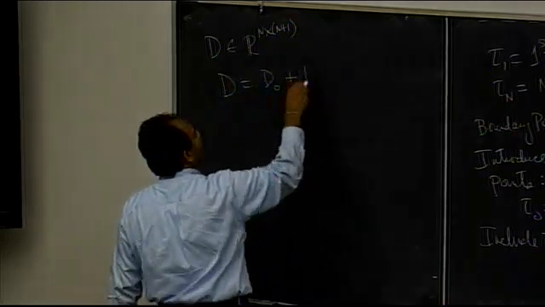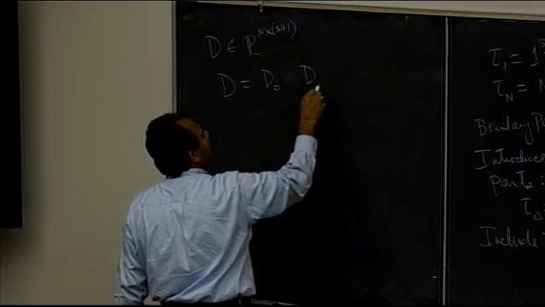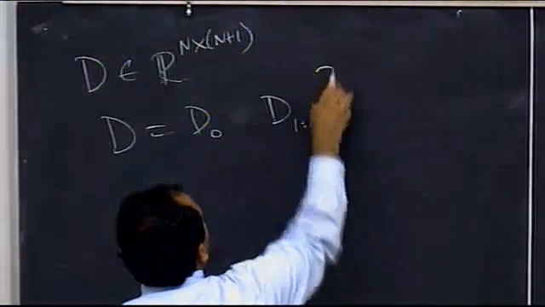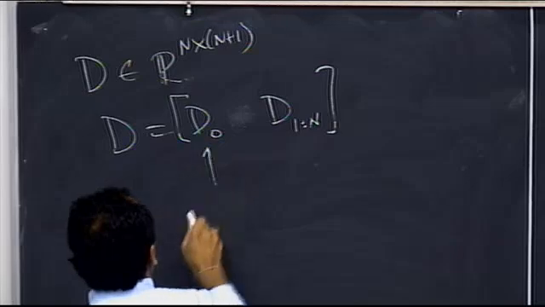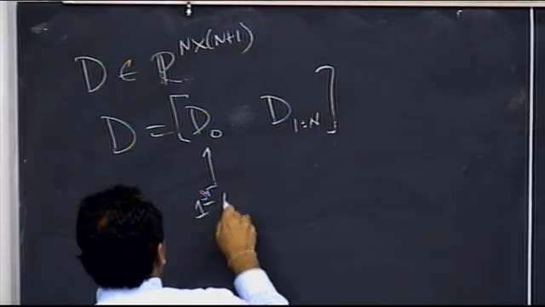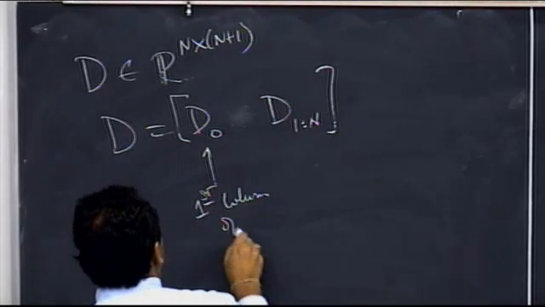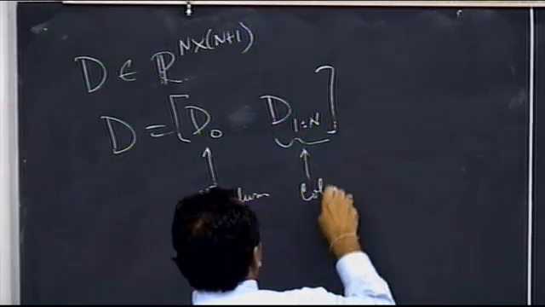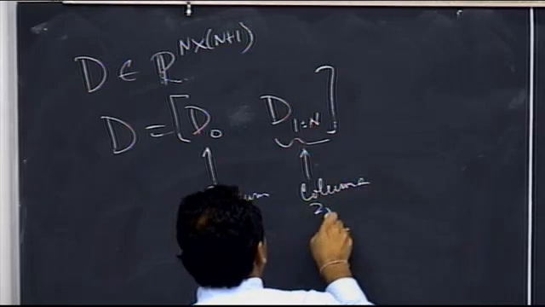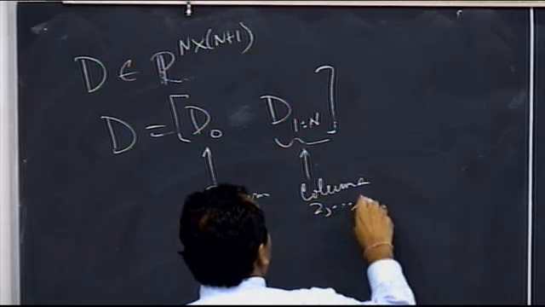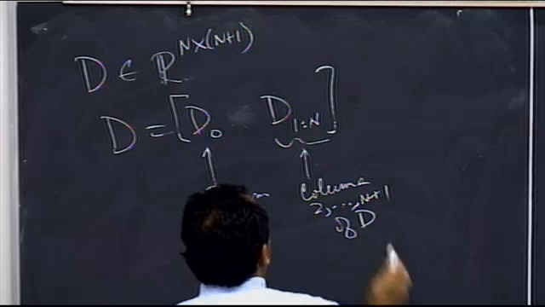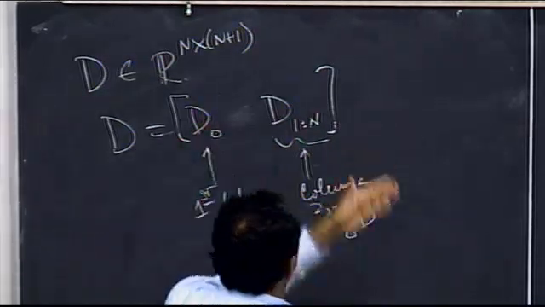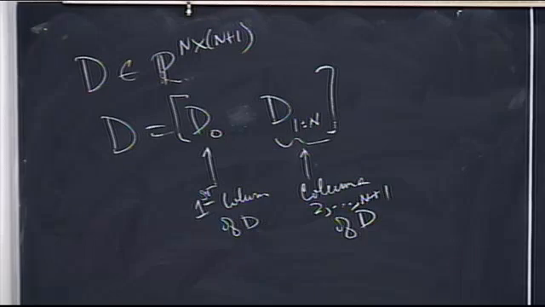D0 plus D 1 colon n, where this is the first column of D, and this are columns 2 through n plus 1 of D. I mean, I'm going from 1 to n, but this is the first column, and those are columns 2 through n plus 1, right?